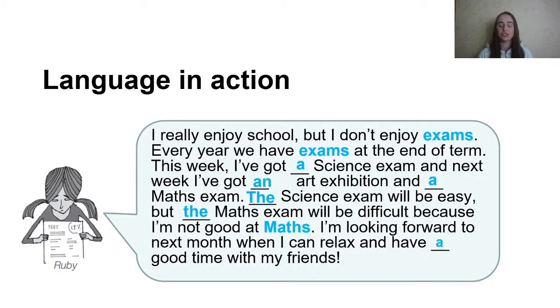There is this expression, like a stable phrase, a good time, to have a good time. Even though you cannot count time, you cannot say 1 time, 2 times, it's not correct. But here is the expression to have a good time, to have a great time, and so on. This expression is always used with the article a.